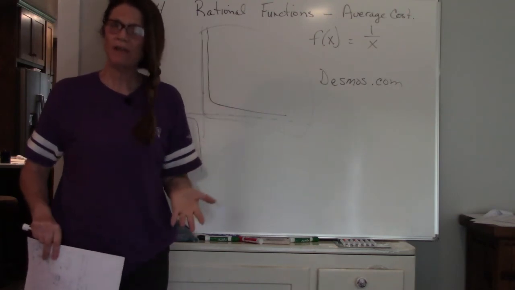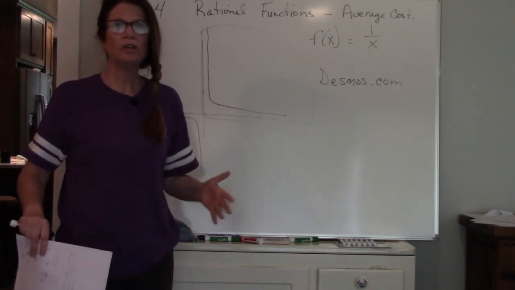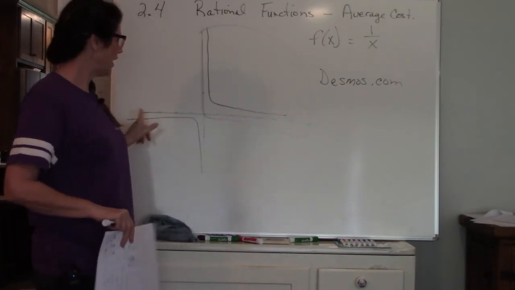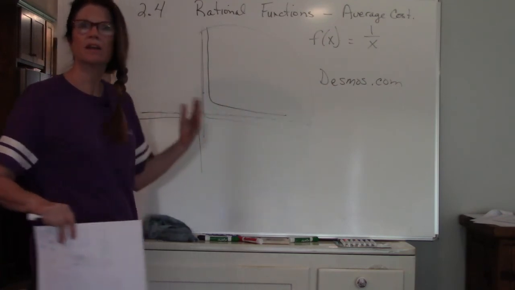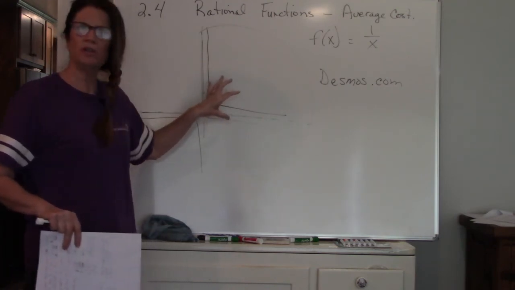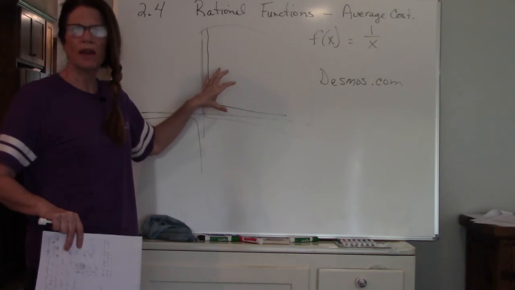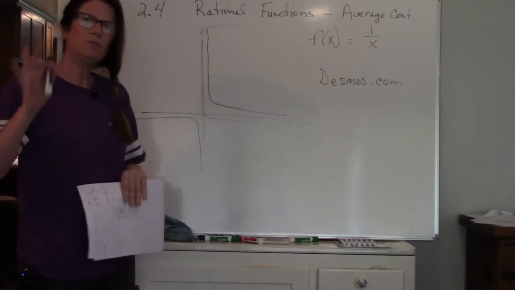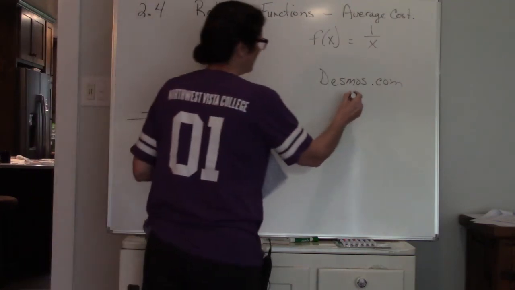Now, if you don't have access to a graphing calculator, you can graph fairly easily, knowing that a rational function has this characteristic, just like a quadratic has the characteristic of a parabola. Then you can pretty much guess what the graph is going to look like just by plotting a few points. In MyMathLab, it talks about using a table of values.